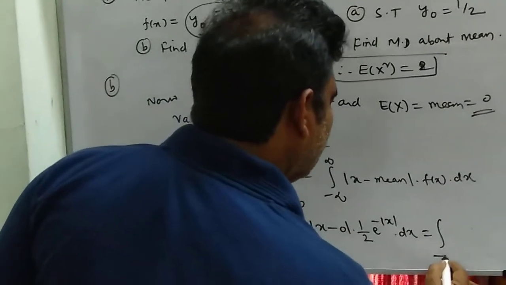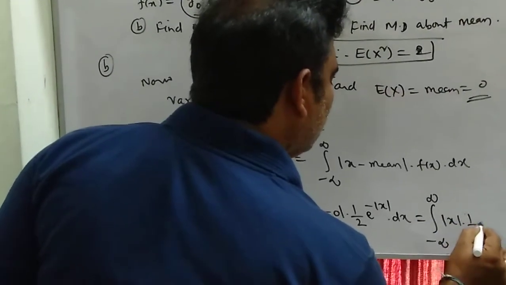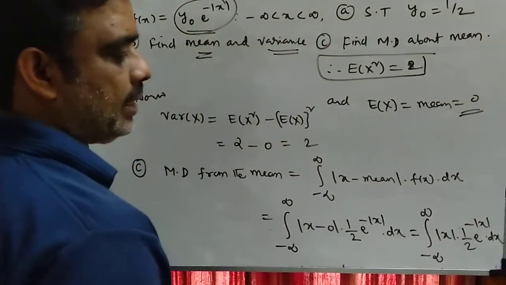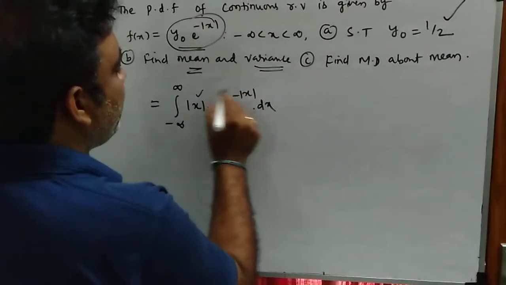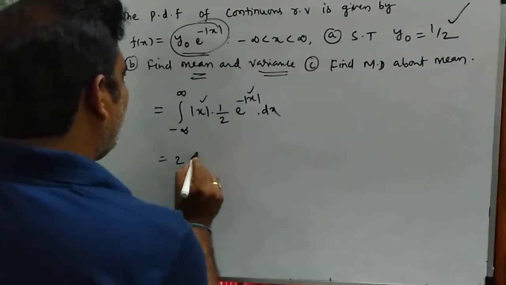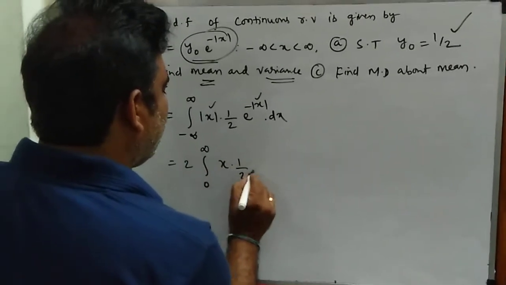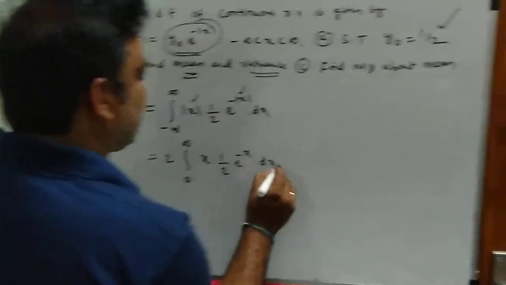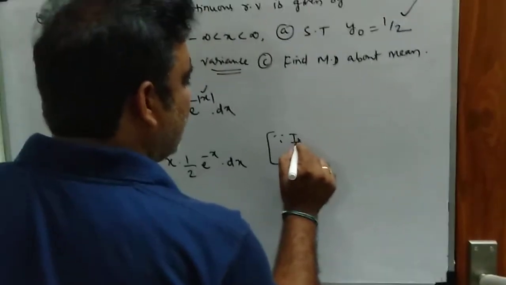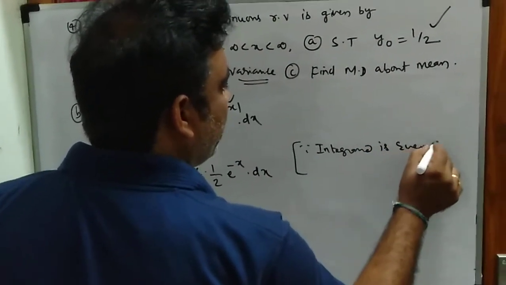This is equal to the integral from minus infinity to infinity of mod x into 1 by 2 e power minus modulus x dx. Because mod x is an even function, I can write 2 into the integral from 0 to infinity of x into 1 by 2 into e power minus x into dx. So what is the reason? The integrand is an even function.